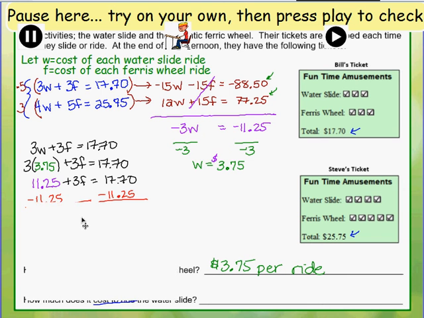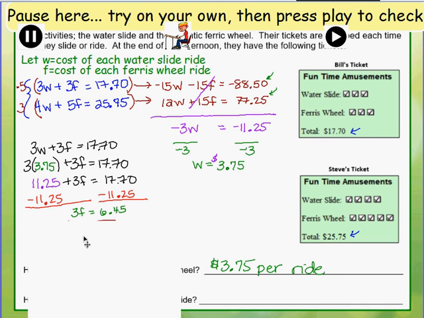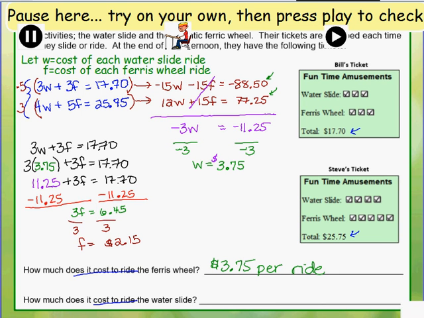Next step, subtract that over. We end up with 3W equals 6.45. So 3 rides on the water slide, 6.45 divided by 3. And we see that now it will cost $2.15 per ride on the water slide.